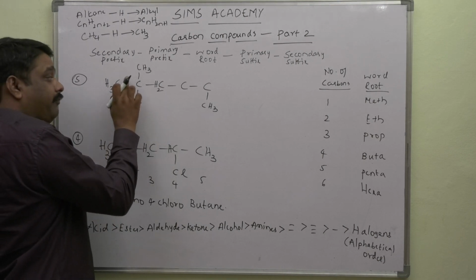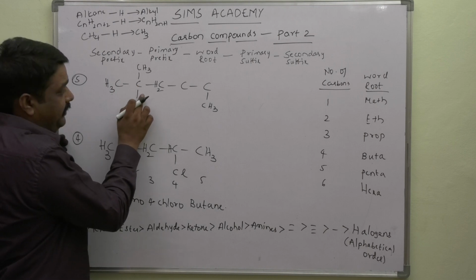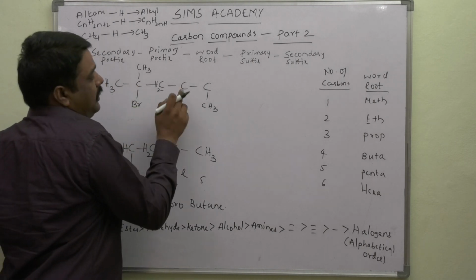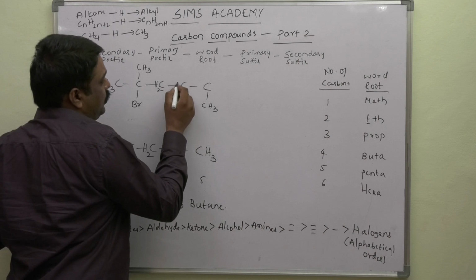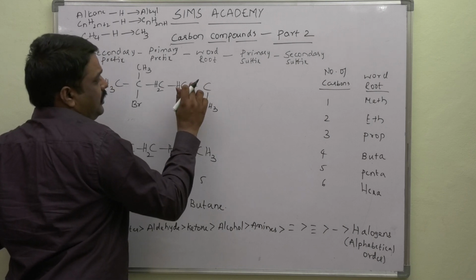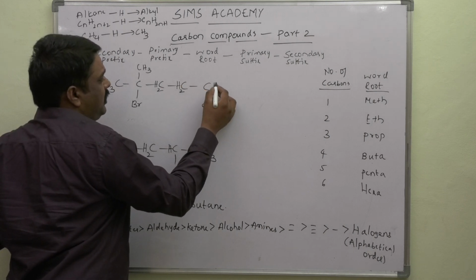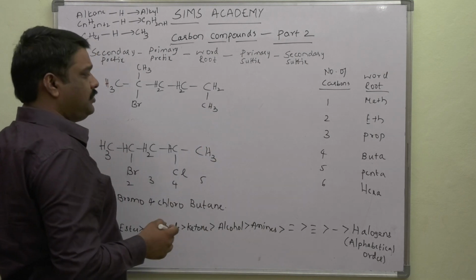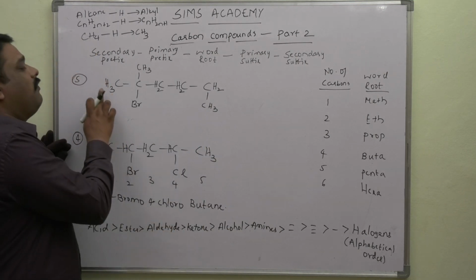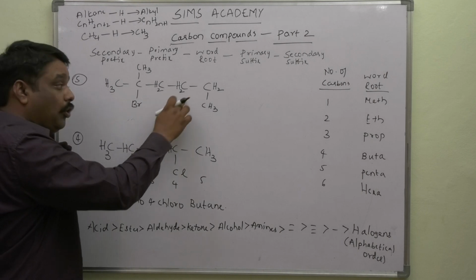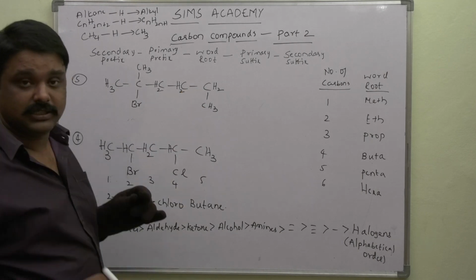Here, carbon valency is satisfied. 4 bonds are being formed. Here, 1, 2, 2 gabati, 2 hydrogens. 1, 2, 2 gabati, 2 hydrogens. Now, you check out with the parent chain 1, 2, 3, 4, 5, 6. Am I right?